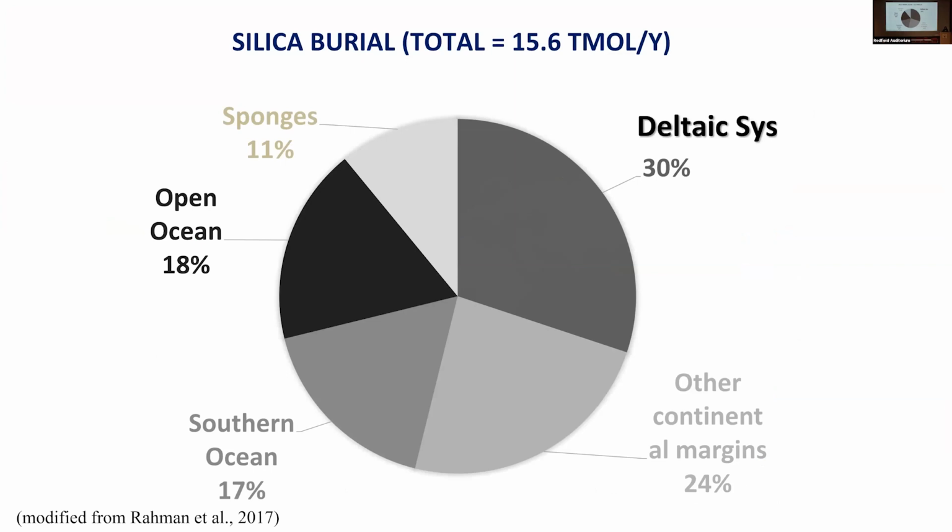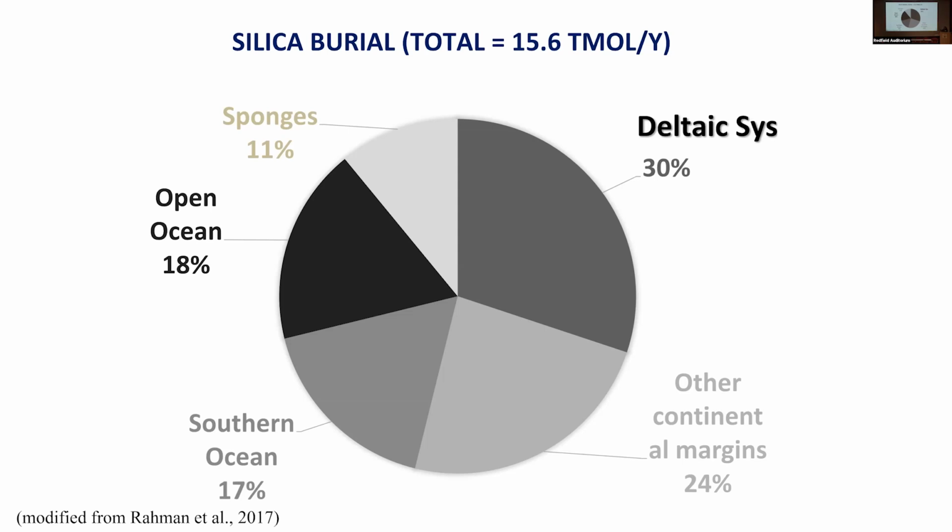Globally, what this means, we put this in a global context with respect to all that we know about silica burial today: deltaic systems can account for 30% of your biogenic silica burial flux in the global ocean.